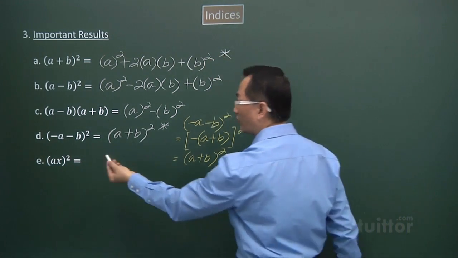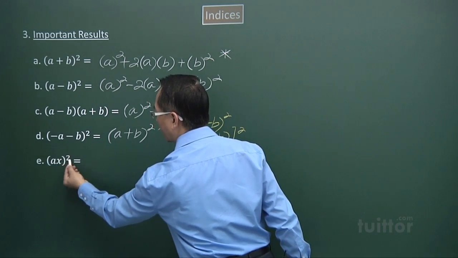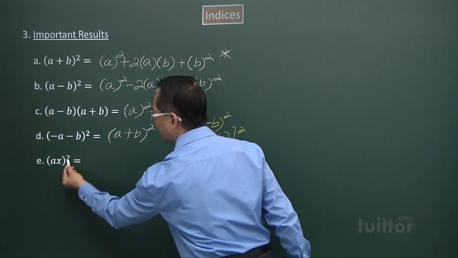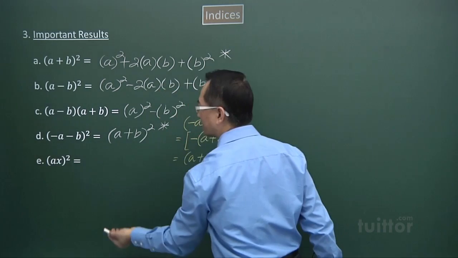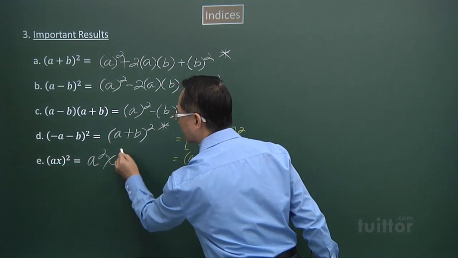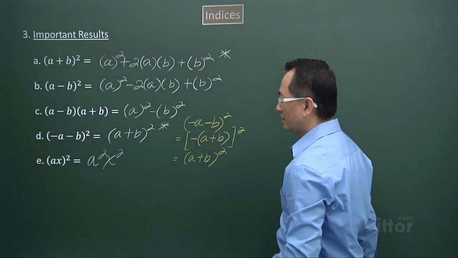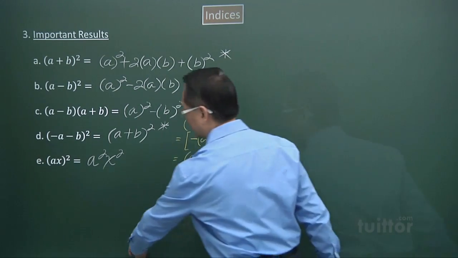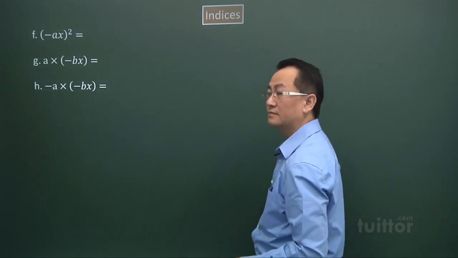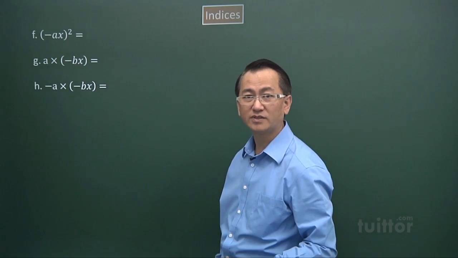Next, for part E, I have bracket ax bracket squared. So this square is for the a as well as for the x. So I would have a squared x squared. Now we continue with other important results.